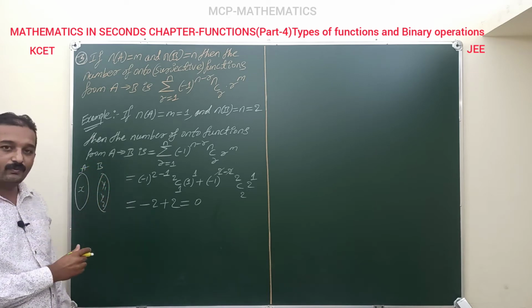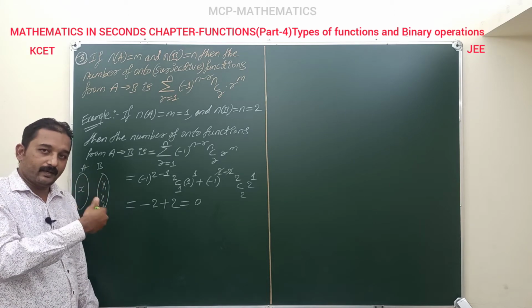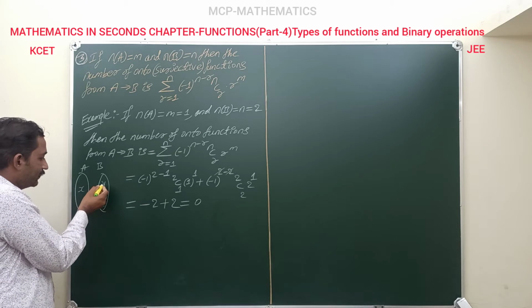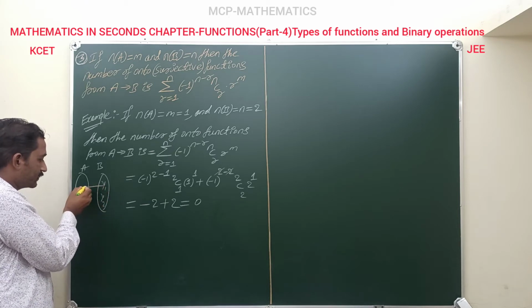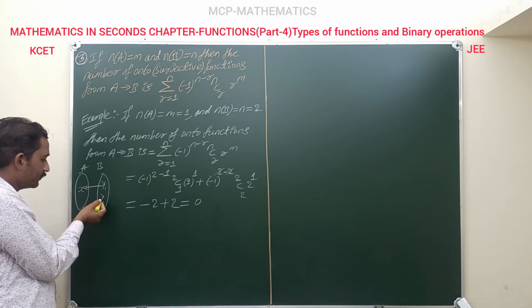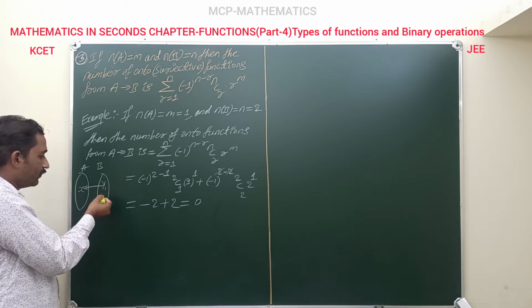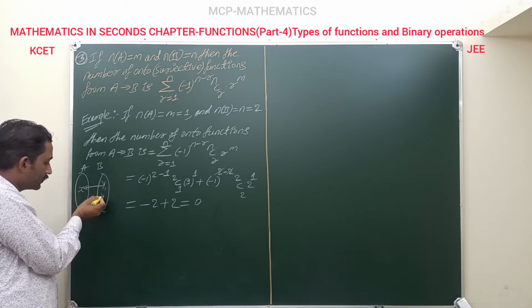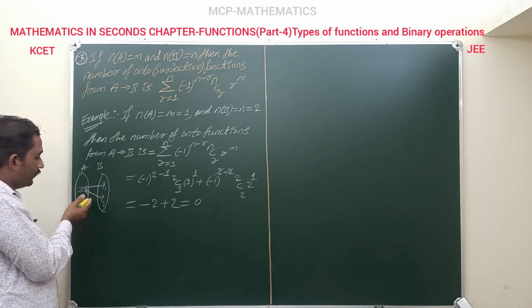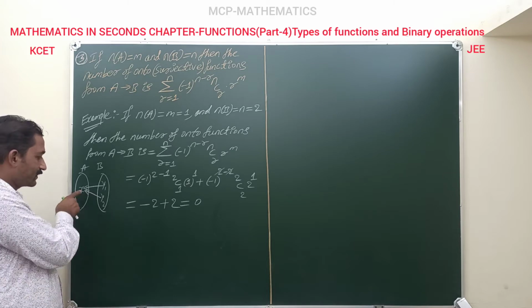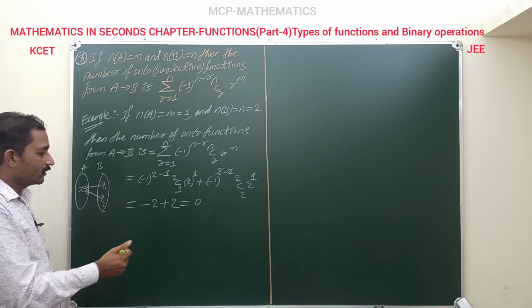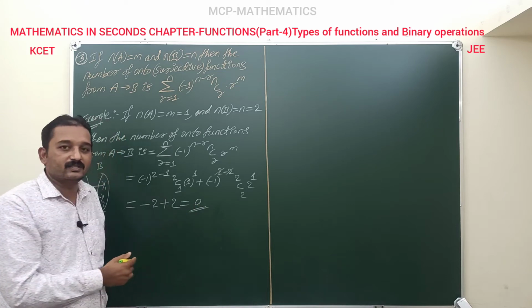Onto function means every element in the codomain has a pre-image in the domain. So y1 has pre-image x, and y2 is also a pre-image of x. So now it is not a function because x has two images. Of course it is not a function, so the number of onto functions becomes 0.